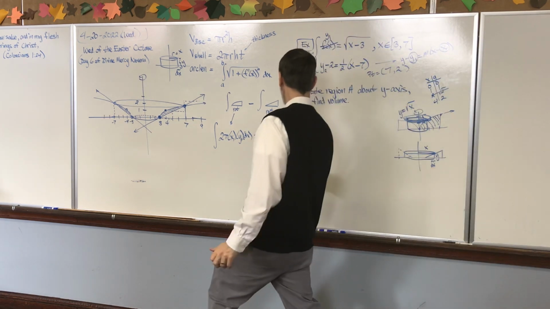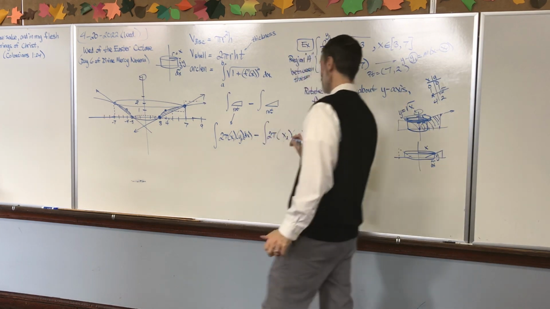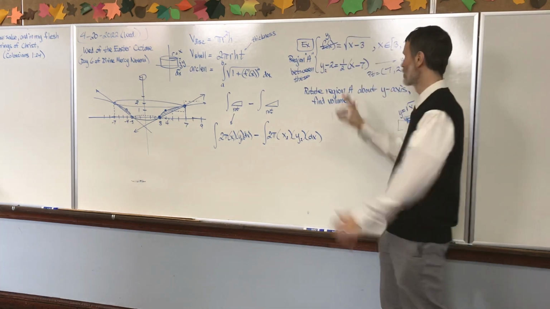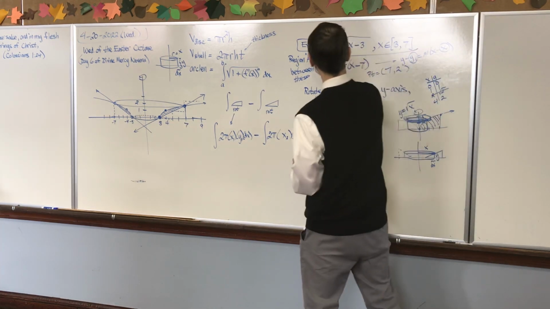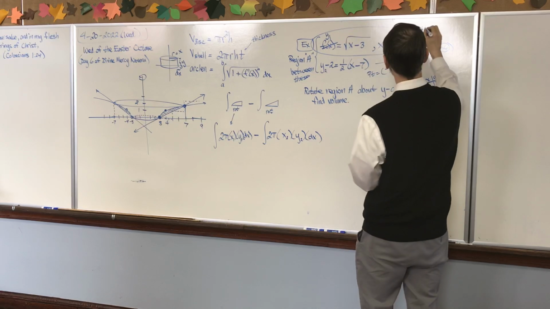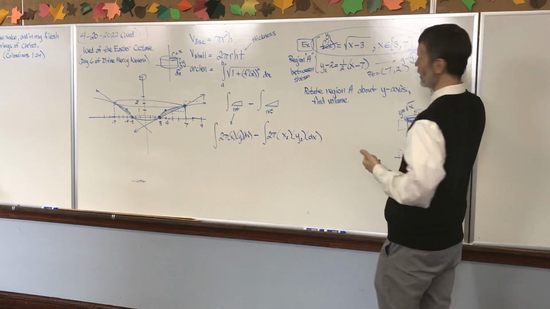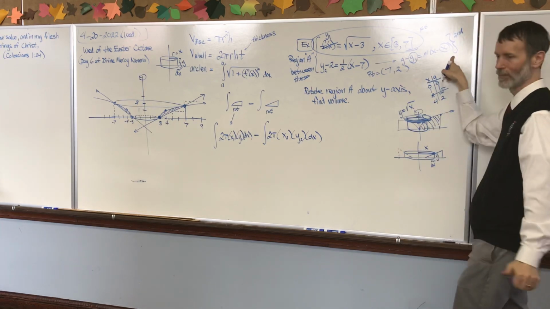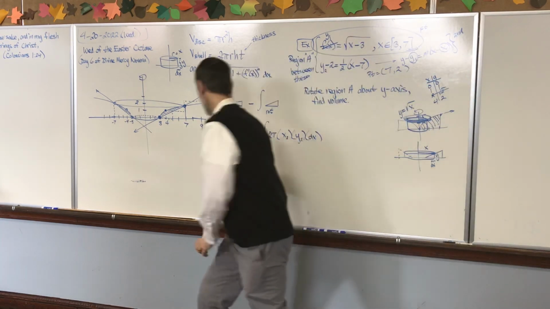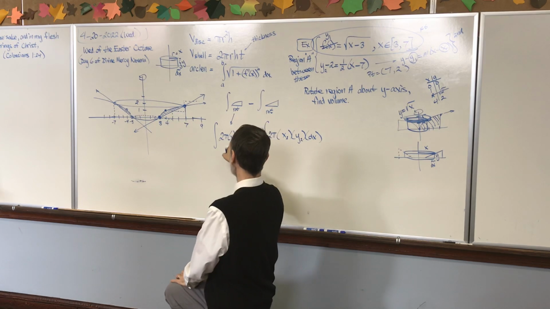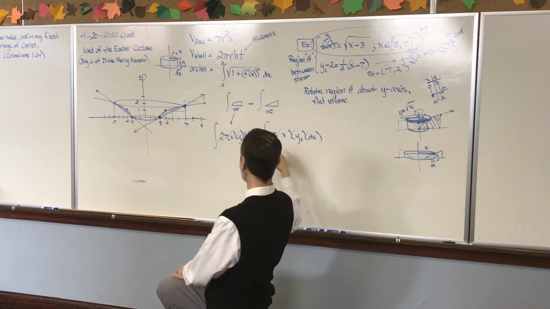No problem. I want to call this x2, y2. In other words, this is the first function, and this is the second function. This is with x1 and y1, this is x2 and y2. Just leave this as x, you don't need anything exotic.